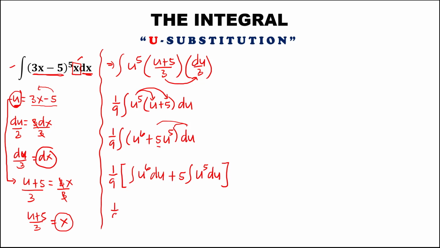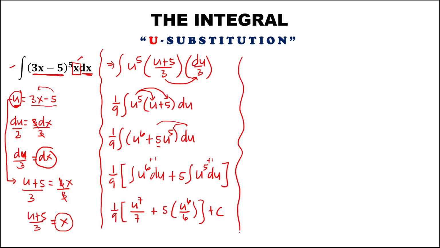So bring down 1 over 9, then times. Just add 1 to the exponent. So this becomes u to the power 7 over 7, then plus. Bring down the constant, then times. Again, plus 1 for the exponent. So u to the power 6 over 6. Then plus c.